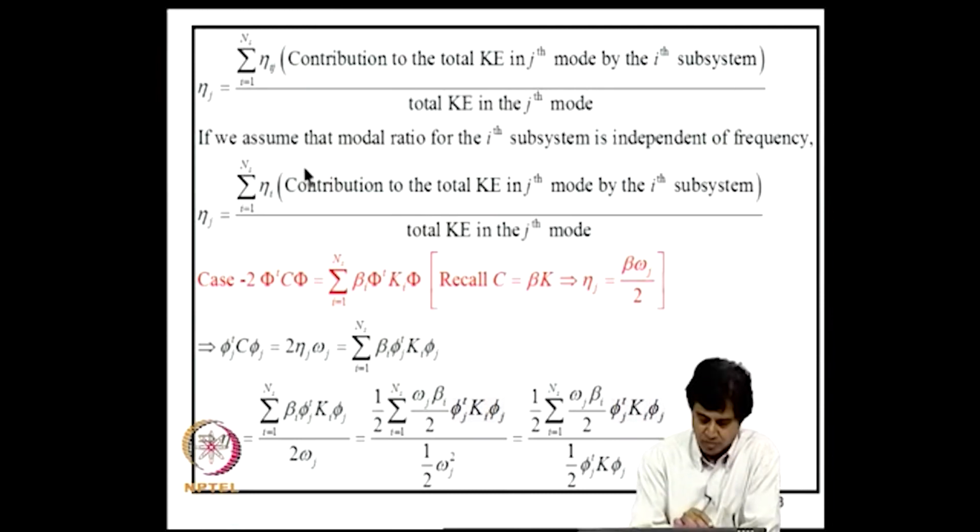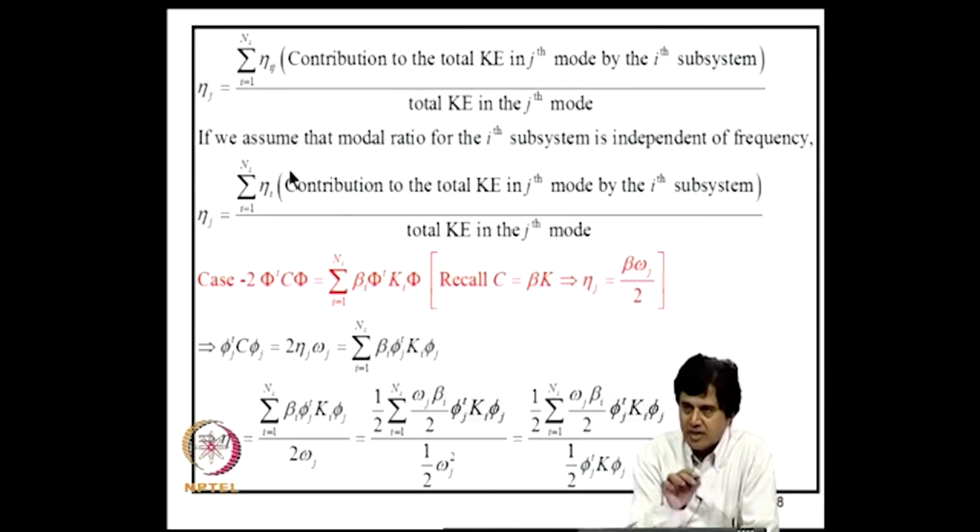Now, eta ij is actually a function of the mode as well as the material. If I assume that for a given material damping is constant for all modes, then eta ij becomes independent of j. For example, if I have a system made up of, say, RCC and steel and soil and things like that, suppose RCC is 5%, steel is 3%, soil is say 10% damping ratios.